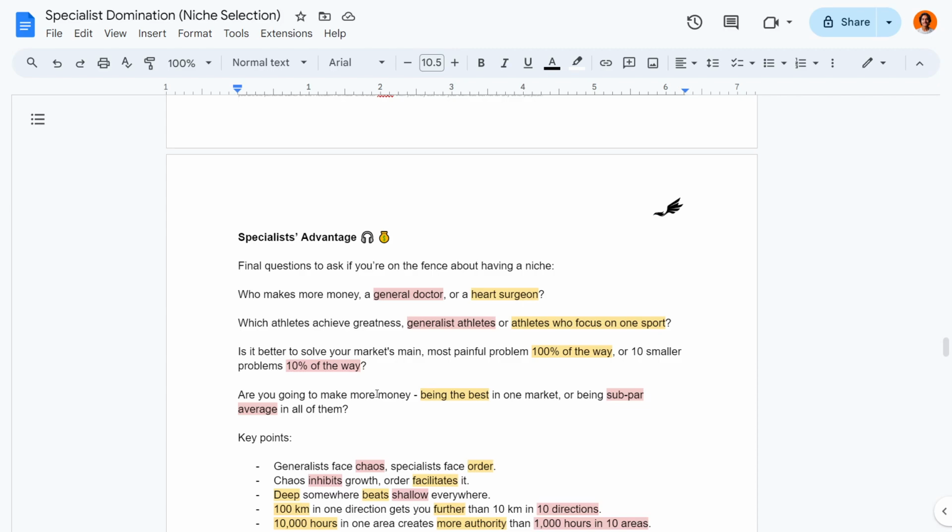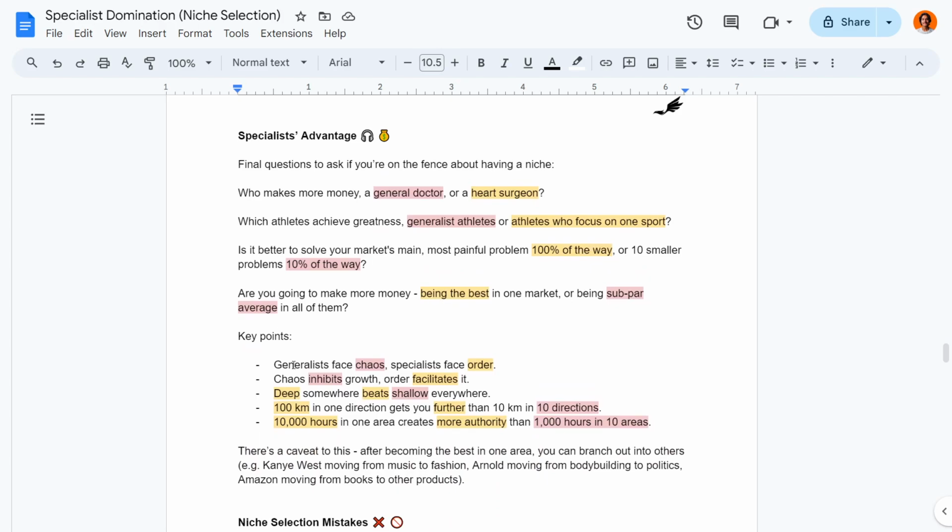Ask yourself, is it better to solve your market's main, most painful problem 100% of the way, or 10 smaller problems just 10% of the way? Ask yourself, are you going to make more money being the best in one market or being subpar average in all of them? And when you realize the answer, you'll definitely choose to make a niche, right?